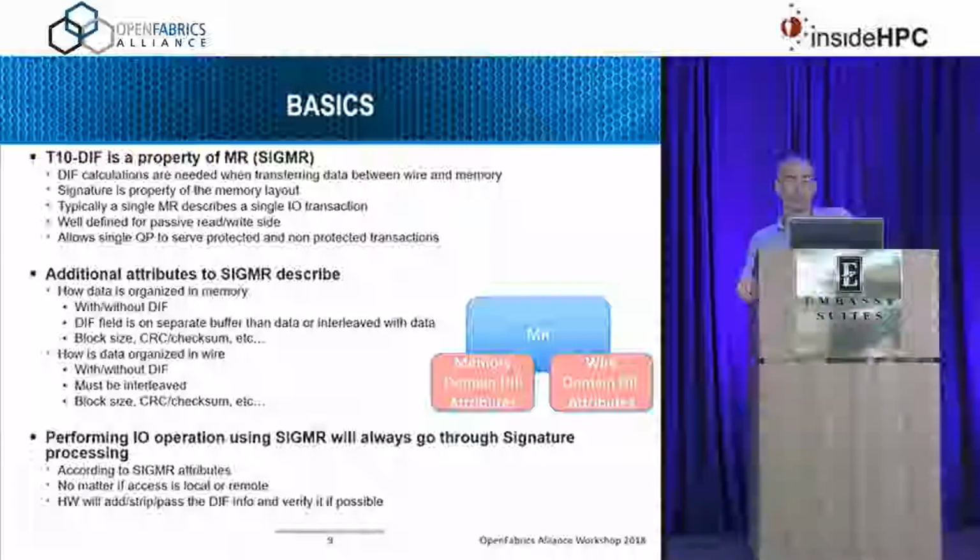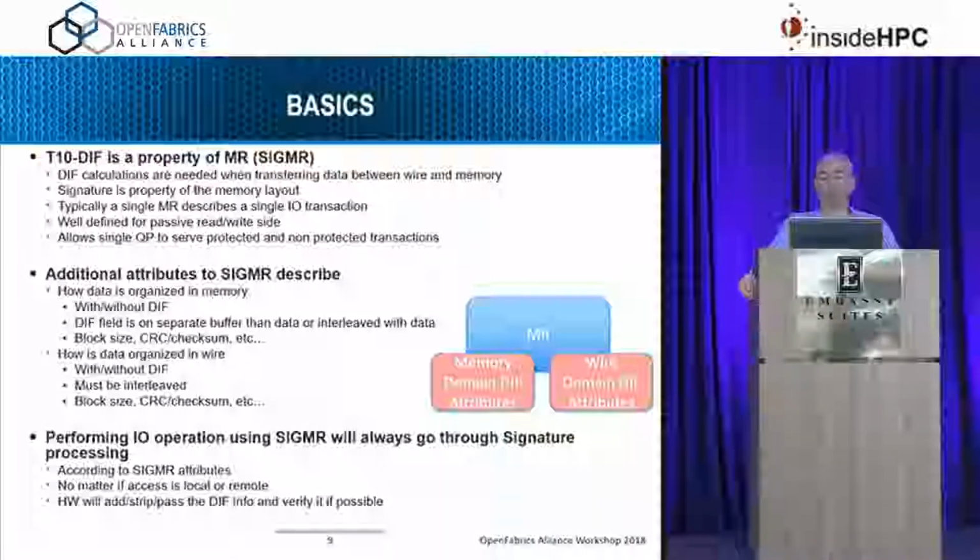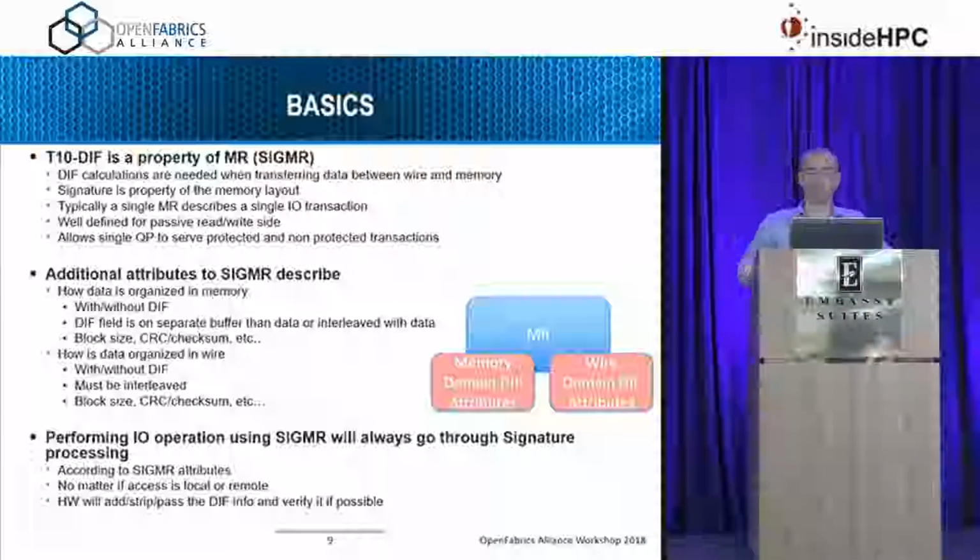And then we thought about RDMA. With RDMA, when you are the responder side and you are the passive side, basically you don't have any CPU involved. So there's no WQE consumption if you don't have immediate. So this operation goes directly into memory. So we need something that describes the memory, and it fits well within the MR characteristics.